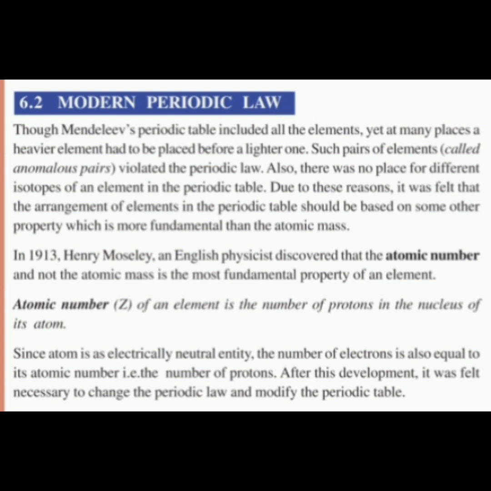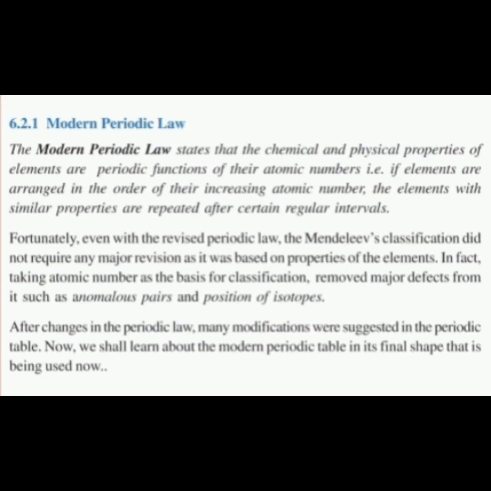6.2.1 Modern Periodic Law. Okay, what is the modern periodic law? The modern periodic law states that the chemical and physical properties of elements are periodic functions of their atomic numbers.